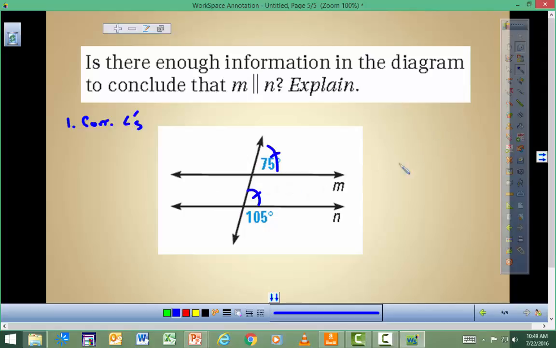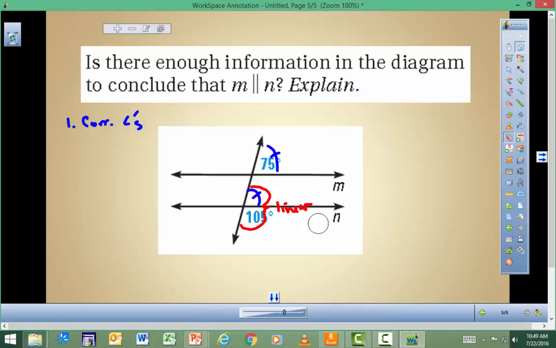Oh, but here, take a look here. Notice that these two angles here form a linear pair. And I know, because Mr. Russell taught me this back in chapter 2, that linear pairs are supplementary. And that means they have to add up to be 180 degrees. Well, that means this angle up here has to add up to 180 with this one.